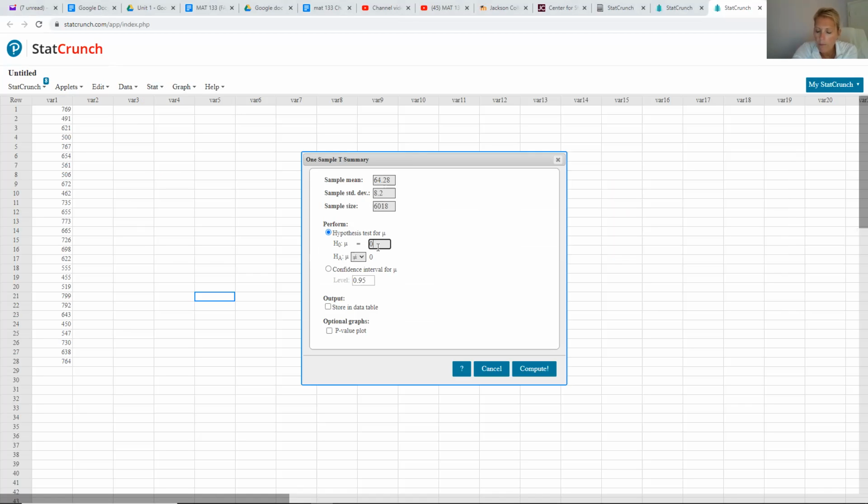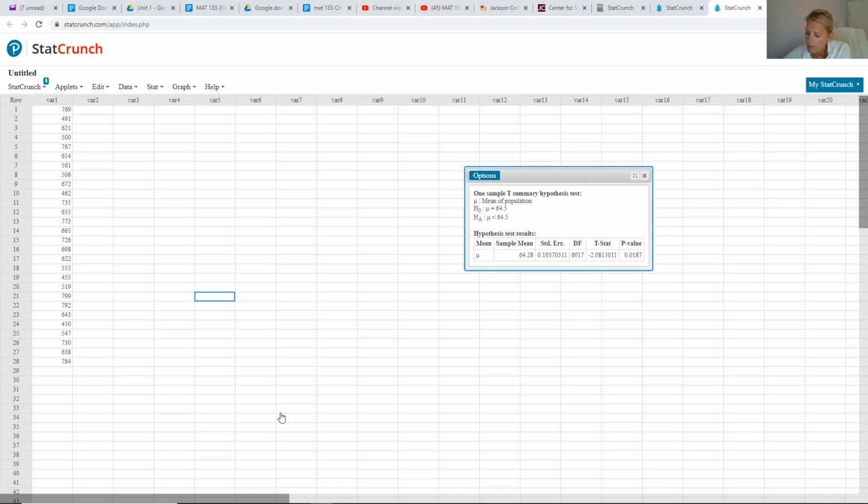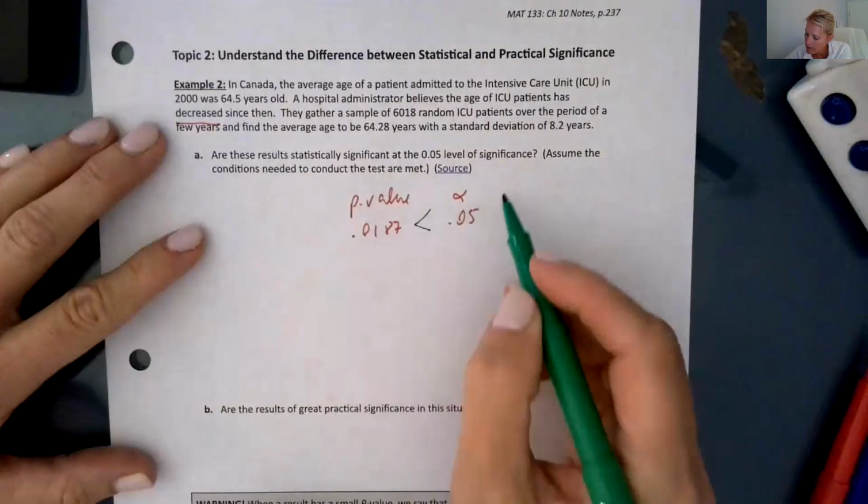We thought that the mean was 64.5 years old, and they said it's decreased, so we're doing a less than test. Let's see what we get. The p-value is 0.0187, and we're going to compare that to alpha of 0.05. Let's go back to our share and make sure we're all on the same page. Yes, our p-value is less than alpha, so we are statistically significant.